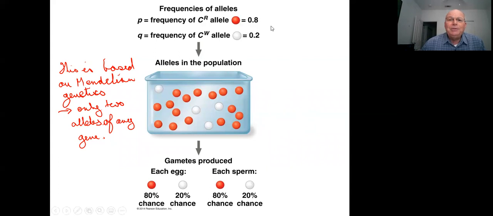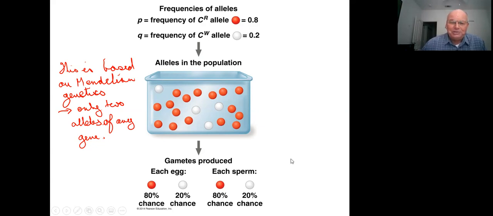So given that 80% of the alleles are CR, 80% of the gametes, whether they be eggs or sperm, should contain the CR allele. The other 20% of gametes, given that the CW allele is 20% of the alleles in the population, should represent that. And so 20% of the gametes should have the CW allele.